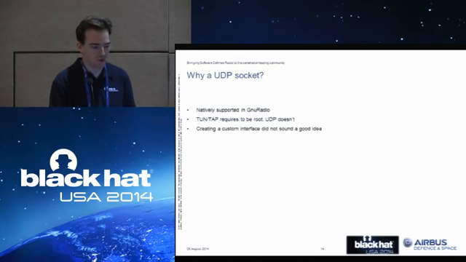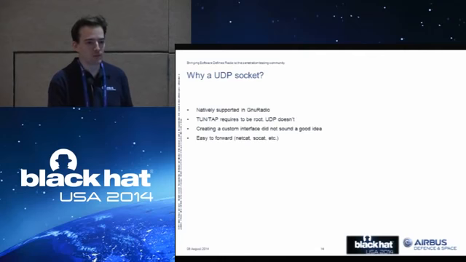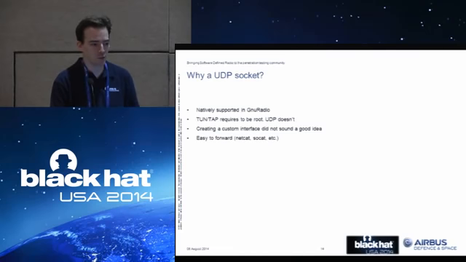So UDP was fine, and creating our own custom interface didn't sound like a good idea. Plus, it's easy to forward. You can have a computer running an SDR, and you can forward with Netcat, SOCAT, or whatever you want, just routing UDP packets to another instance of Scapy that will just process the samples.